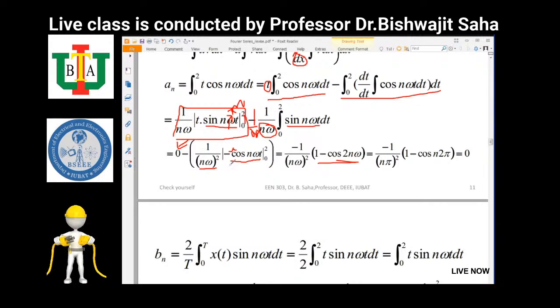So minus into minus cos 0. Cos 0 is 1, and this minus becomes plus, so that is 1. So 1 minus cos(2n omega). If we do this, what is coming here? cos(n twice pi), okay, twice pi. How does pi come? Because omega's value is pi.